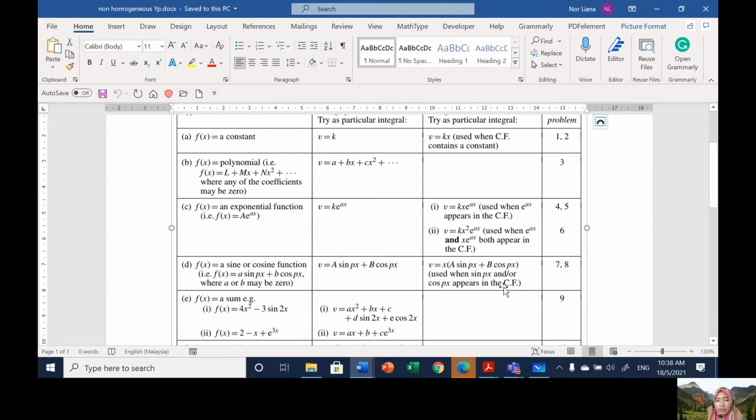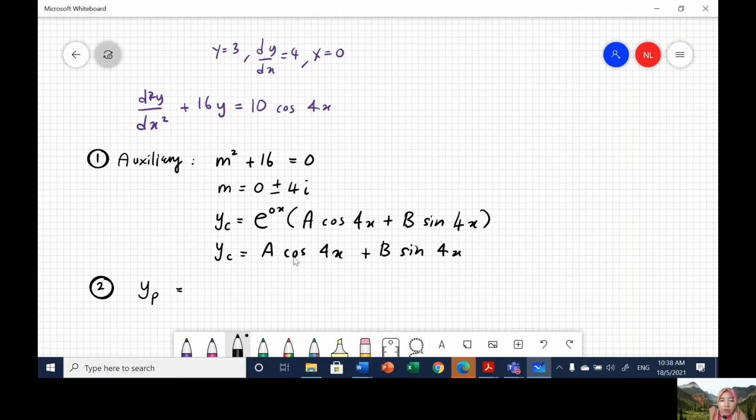Now look at our yc. Are sine and cosine appearing? Yes, we have trigo functions in yc. So this is not the straightforward case for yp, so there will be the snake case, because our yc contains sine and cosine.